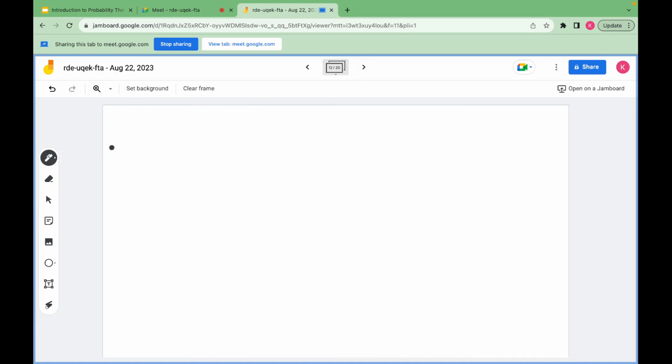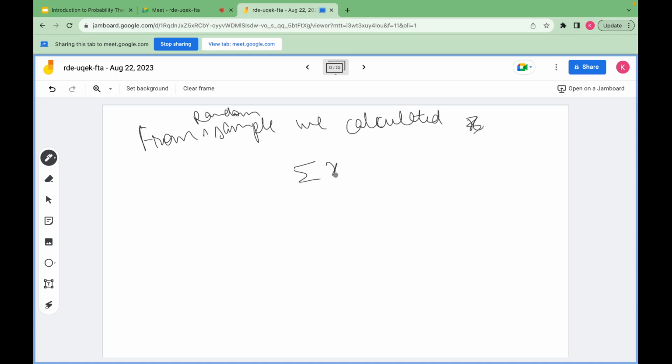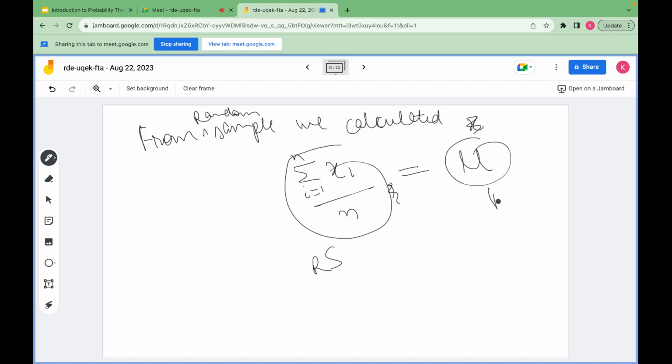From a random sample, we calculated the summation over all these xi's and then divided by n, and this is nothing but mu, for the population.